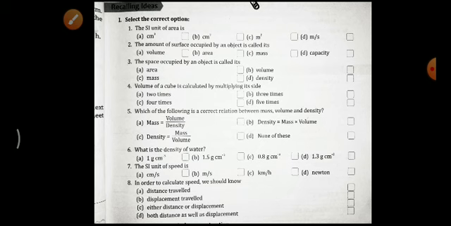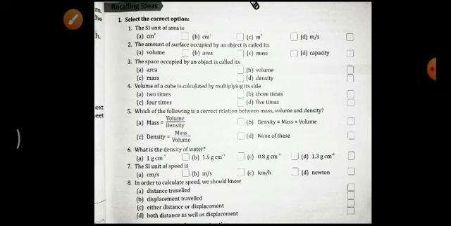Okay. Next question, what is the density of water? This one is also given in your book. One table is given, densities of some common substances. And you know that different substances have different densities. One is very thick, another one is very thin, like that.